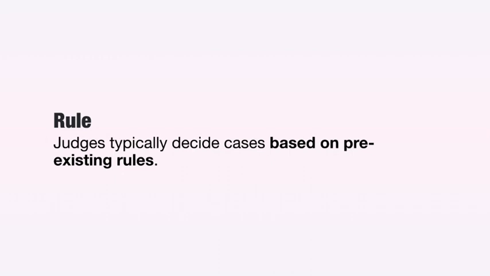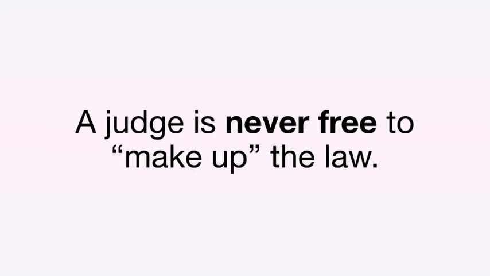The rule. The American judicial system is based upon the concept of the rule of law. Briefly, this means that judges typically decide cases based upon pre-existing rules. There could be instances where a court is asked to decide a novel issue of law, but these are rather rare. Except for those rare cases, the judge is never free to just make up what the law is.